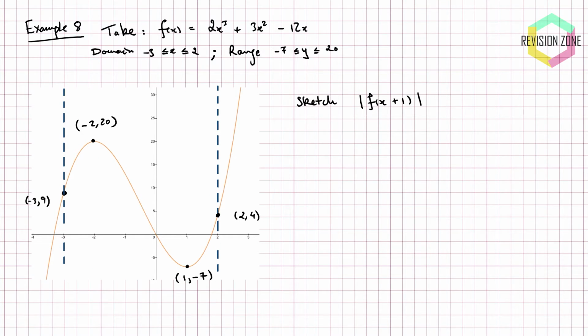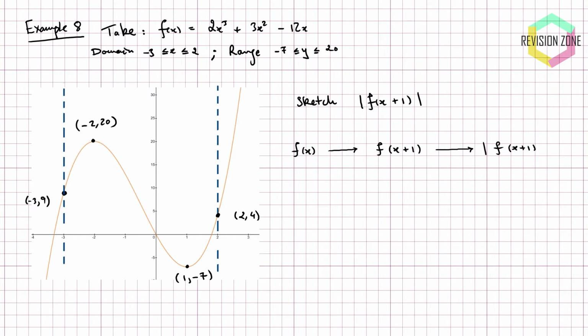Example 8, we have our beloved cubic that we've now been seeing for all the 7 examples we've seen so far, obviously with the domain restricted, but now we have something looking a little bit different in terms of the sketch we're after. So how we're going to do this, I'm again going to apply the approach where we start with a function f of x and we transform it to get f of x plus 1, and then we further transform that to get the function that we're actually after, right?